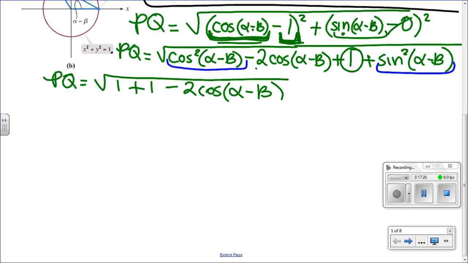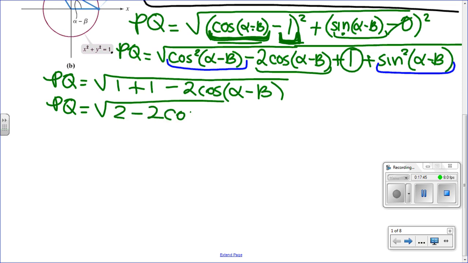And then minus this one. What did we do with the ones that I underlined in blue? I replaced them with the number 1, because that's what it's equal to based on the Pythagorean identity. So if we add 1 plus 1, you guys should know that, it's 2 minus 2 cosine of alpha minus beta. That's all I've done so far.